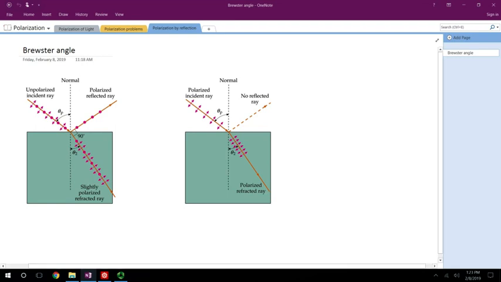So it turns out that if you have an unpolarized beam of light incident on a surface or interface between two materials, so in this case, let's say this is air and inside this is glass, right? So these are two different materials. As long as the incident unpolarized light is incident at such an angle that the reflected and refracted rays of light are at an angle of 90 degrees relative to each other, that's when the reflected ray of light gets polarized, gets purely plane polarized.